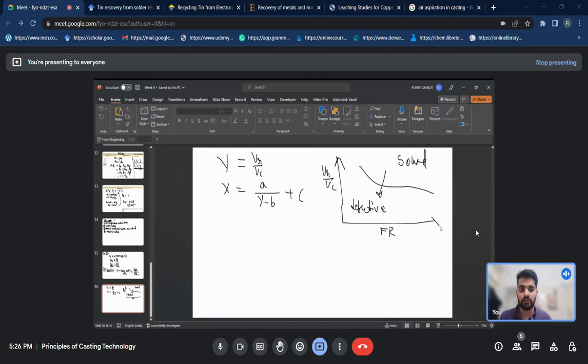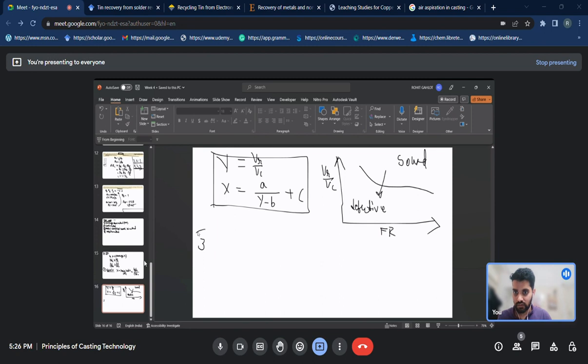So you need to plot the curve between these two terms, and then put C from this graph to find out the values. The more detailed discussion and detailed problem we will do in the next class.